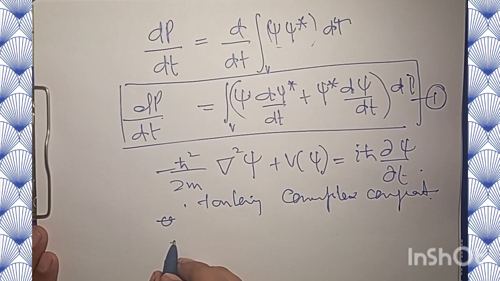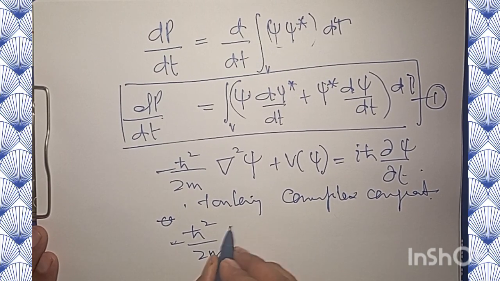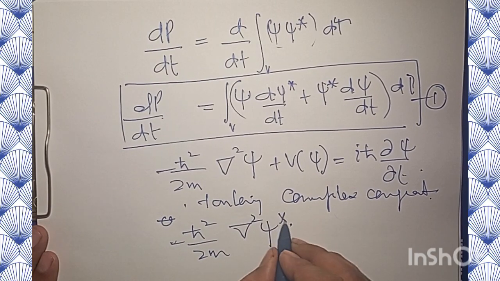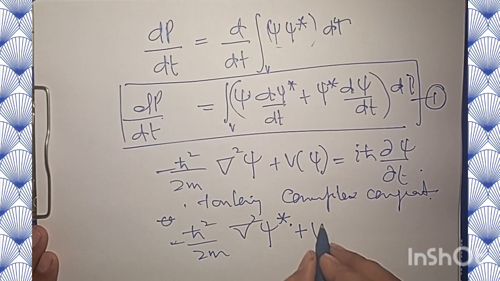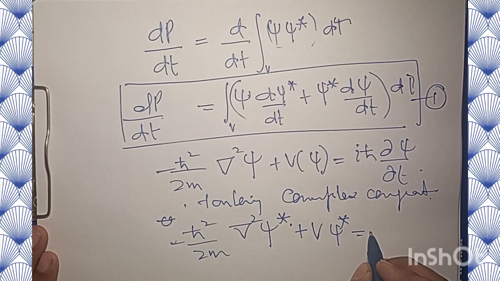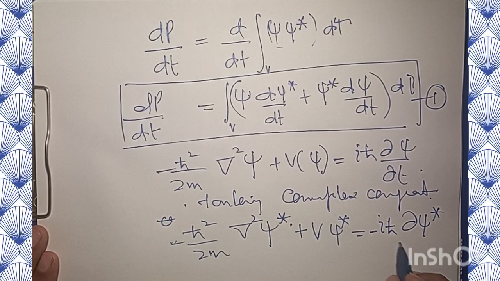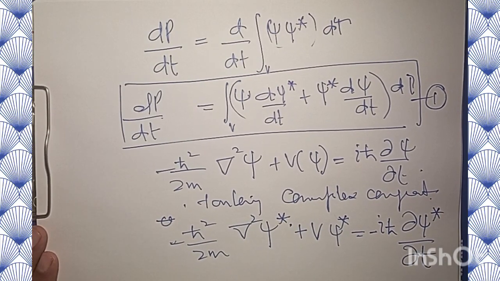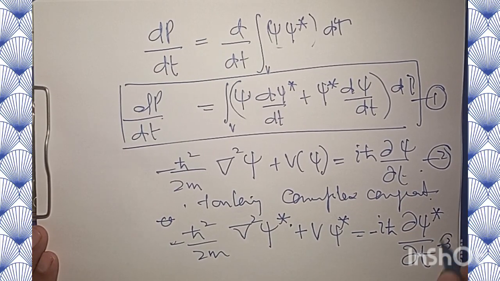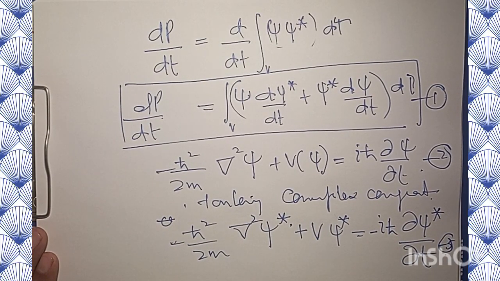So what I'll have is minus h cross square by 2m del square psi, where psi is going to change into psi star, plus V psi star is equal to, this is going to change to negative i h cross dou psi star by dou t. I would like to call this equation 2, and this equation 3.